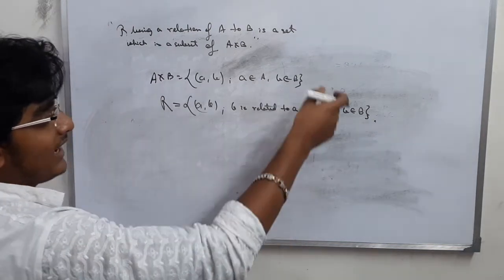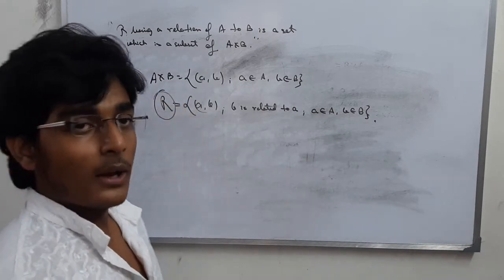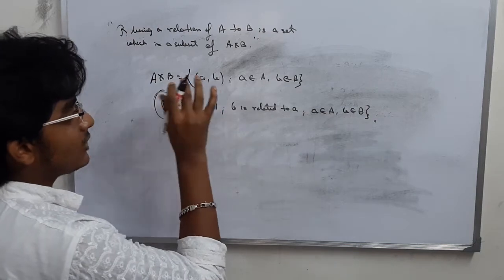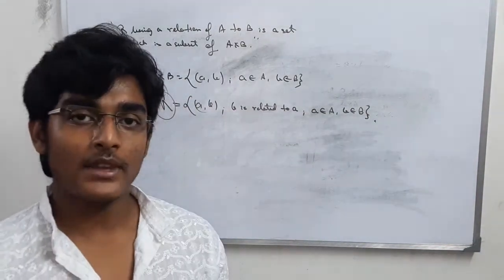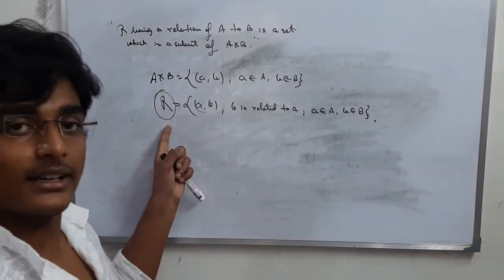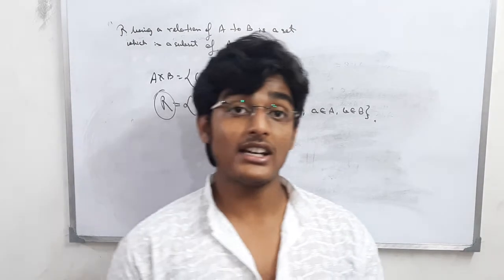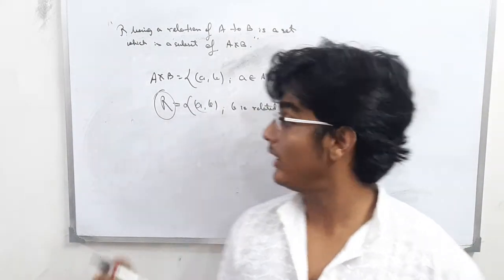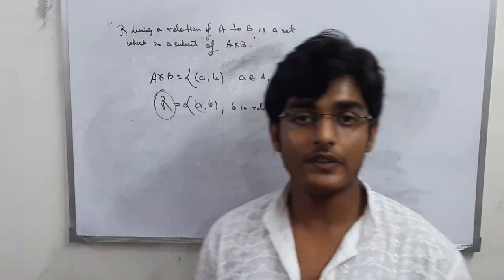You can relate these two and find out that all the elements of R belong to A cross B, right? Because A cross B contains all the possible ordered pairs between A and B, and the relation set contains ordered pairs between A and B, provided a certain condition is valid here. That means that all elements of R are also there in A cross B. Hence, R is a subset of A cross B.